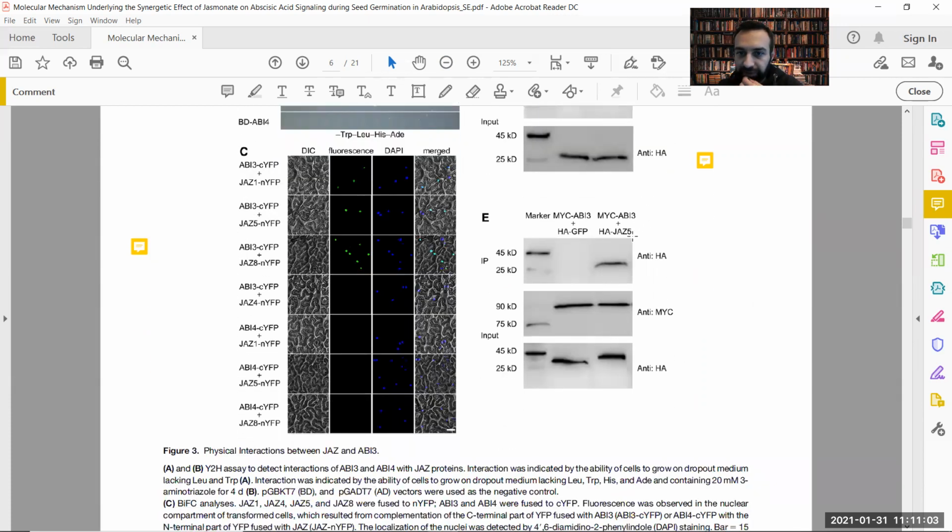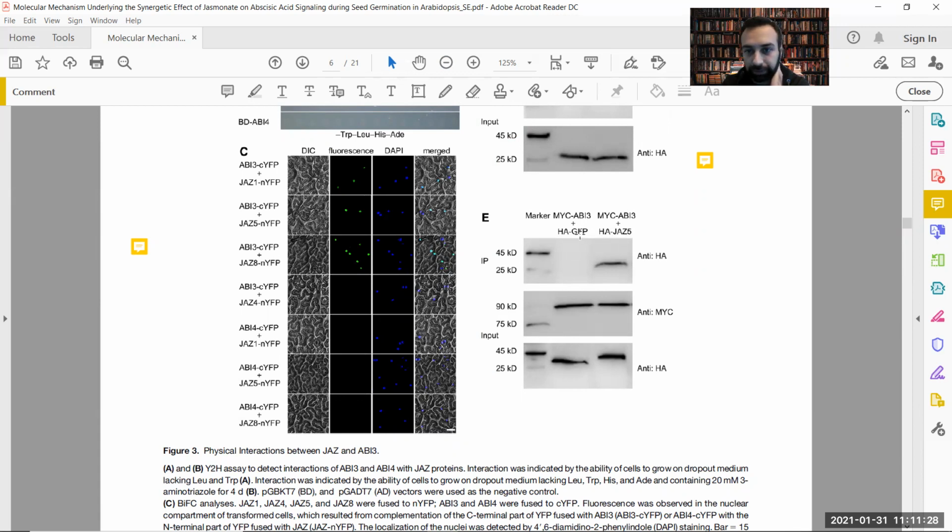And here they examine whether JAS5 interacts with ABI3 when they pull MIC containing proteins and use HA antibody. Then they have a band corresponding to JAS5, as you see. And in the input, you see whatever enters.